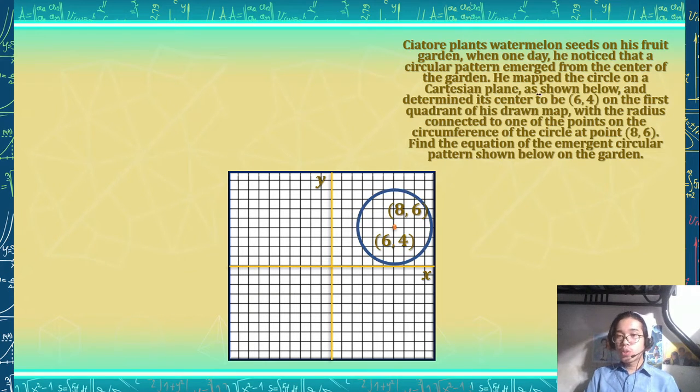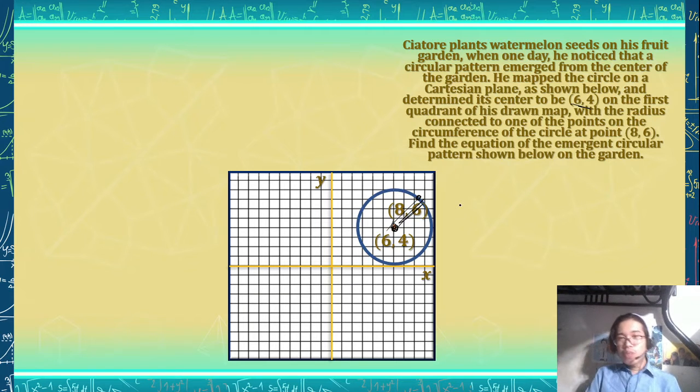He mapped the circle on the Cartesian plane as shown below, and determined that the center of the circular pattern is (6, 4), with the radius connected to a point on the circumference at (8, 6). We need to find an equation of the emergent circular pattern shown on the garden below.